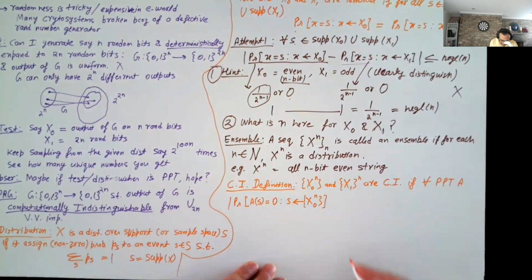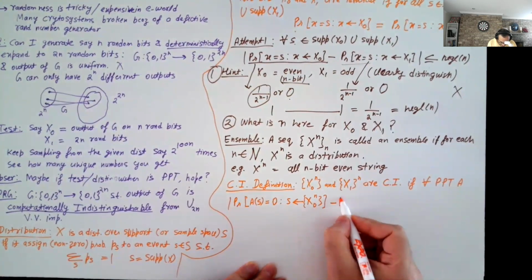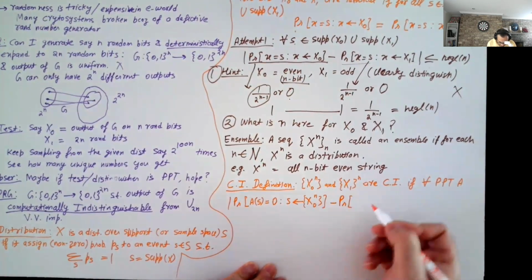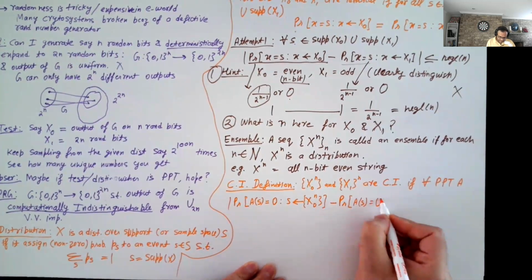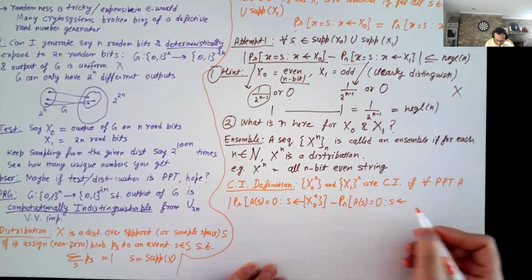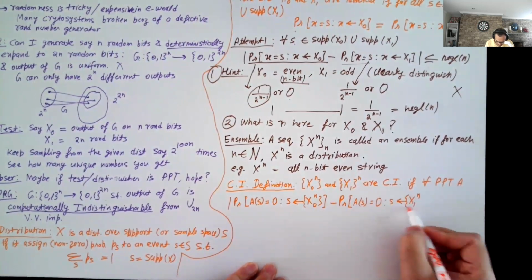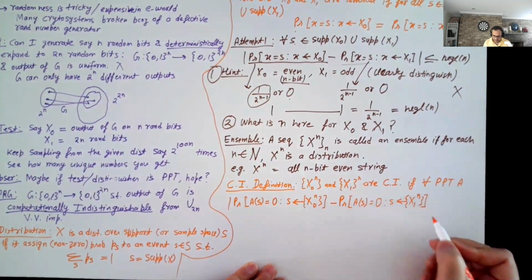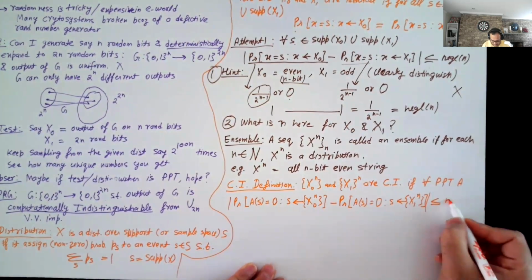What does the adversary think of this sample? Next, I will sample from X1, and I would ask these to be very close to each other.